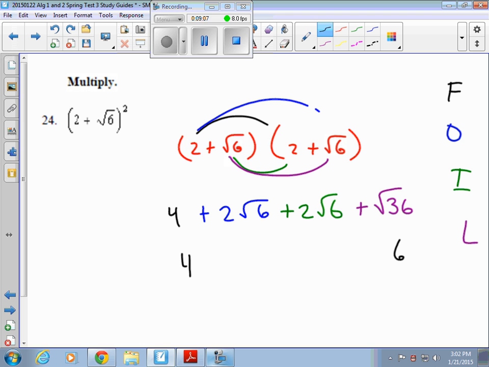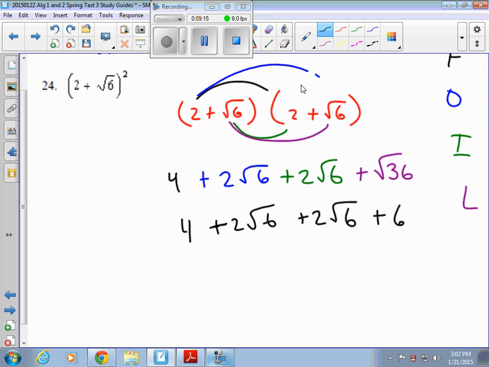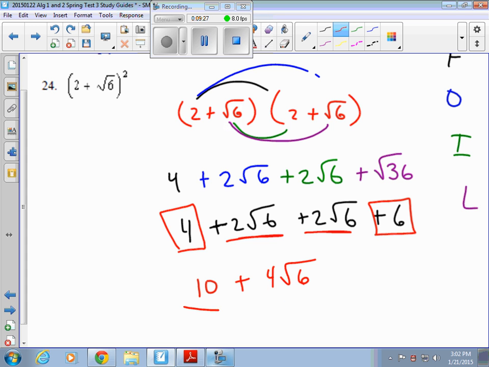So you have 4 plus 2 square root of 6 plus 2 square root of 6 plus 6. Simplify that by putting your like terms together. 4 and 6 gives you 10. 2 square root of 6 plus 2 square root of 6 is plus 4 times the square root of 6. And since we can't simplify the square root of 6 with any perfect squares, that's it.